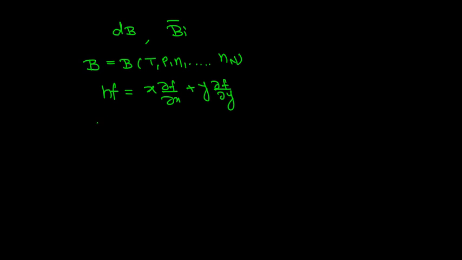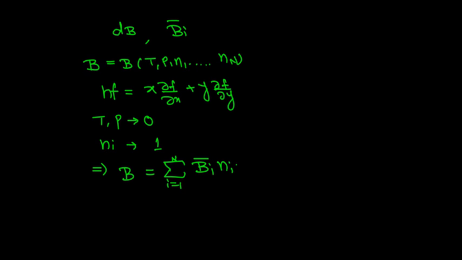Now I know that the order of dependence on T and P is 0 and on Ni is 1. Therefore I can write B as simply the summation from 1 to capital N of Bi bar, because Bi bar is the derivative, times Ni.